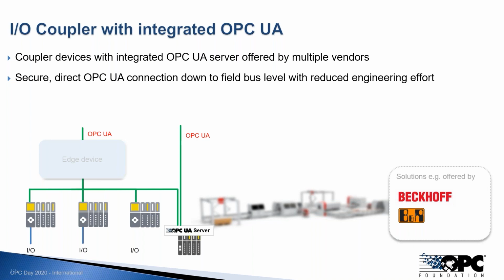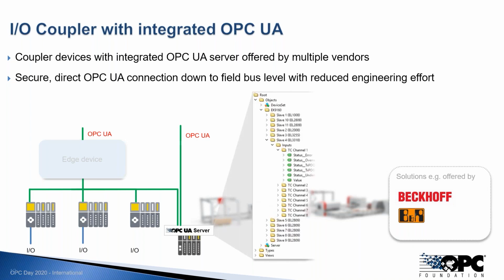And then, from this I/O component, you are able to either connect it to the edge device and put the aggregation server on that, or you directly connect it to some upper-bound systems, right? So this is the I/O coupler integration capability.